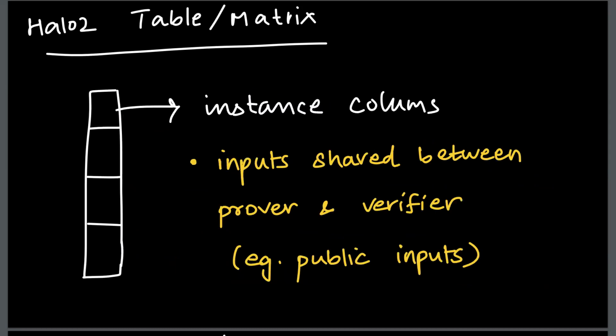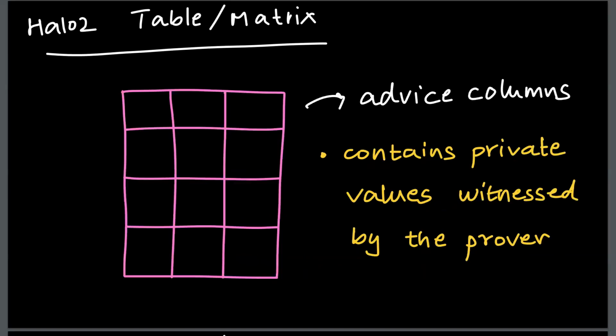The white one are instance columns. Instance columns are public inputs which are shared between the prover and the verifier. The pink ones are advice columns, which contain your private values or witnesses, as we would say.